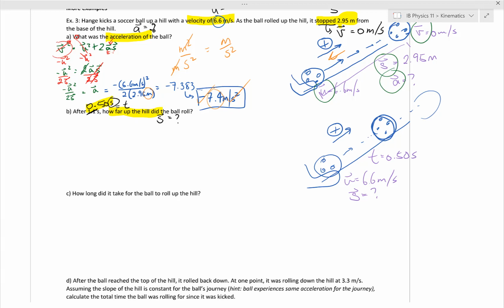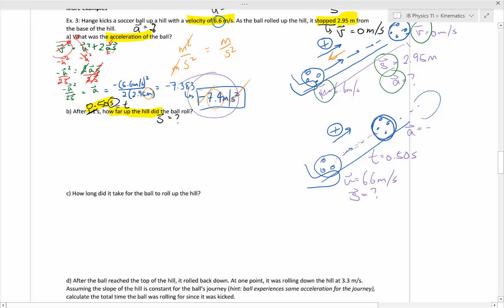But let's think about this a little bit more. The soccer ball is going up the same hill. It will constantly decelerate. Because it's going up the same hill, it will decelerate at the same rate it did before. That tells us that the acceleration value is the same as what we've calculated before.